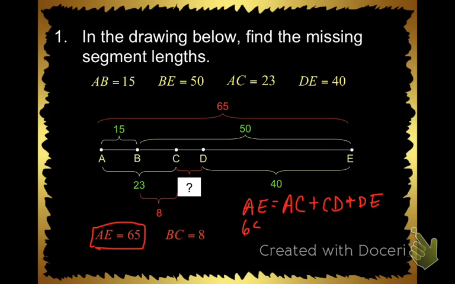So we know 65 is the entire segment length. 65, AC we know is 23. We don't know CD, and we know that DE is 40. Looks like CD is going to have a length of 2.